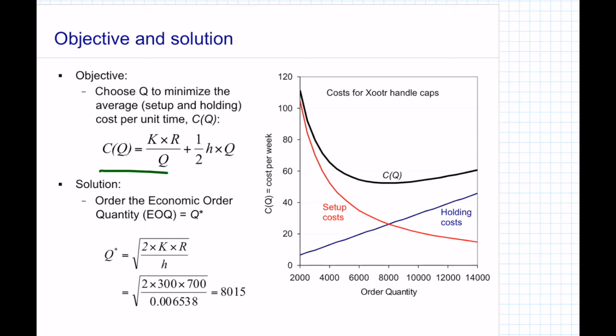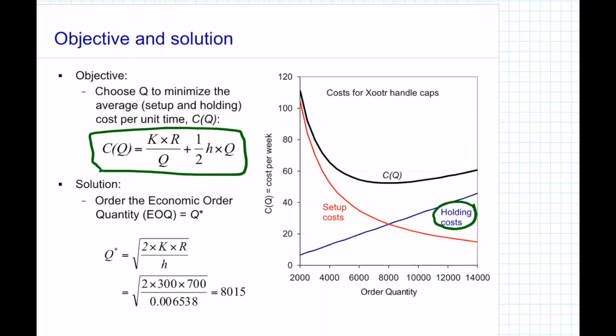So when we add the setup cost and holding cost, we get the cost per unit time. So the first part is setup cost, and the second part, which is H times Q over 2, is the holding cost.